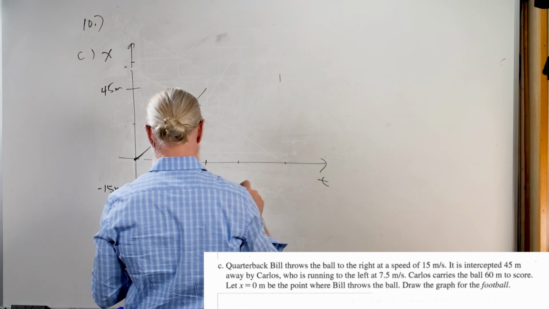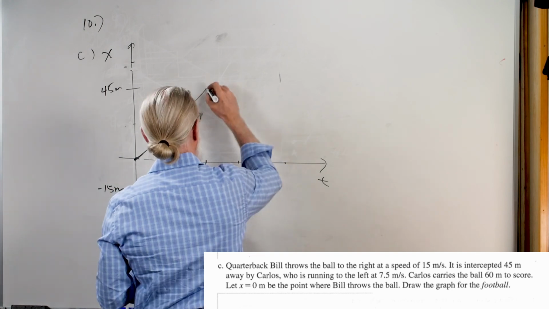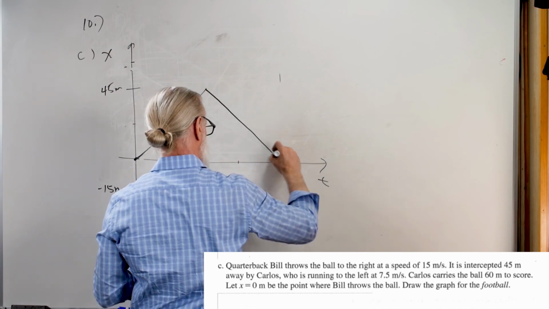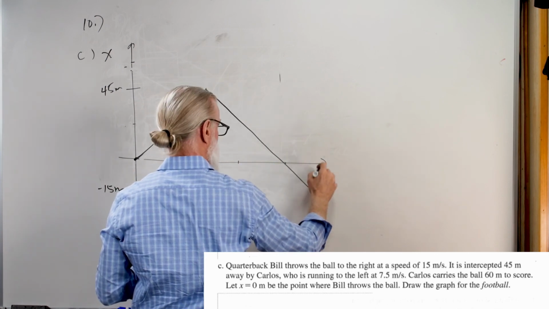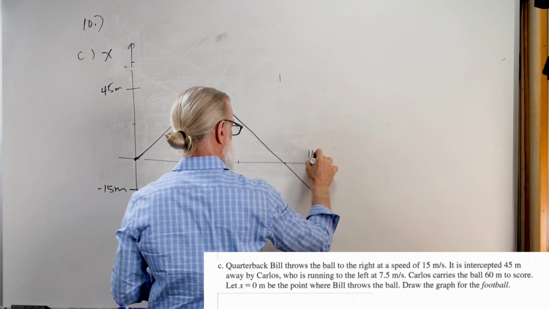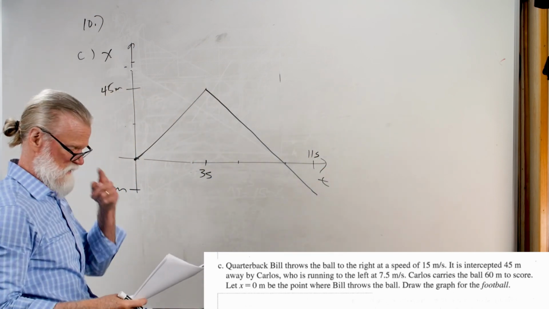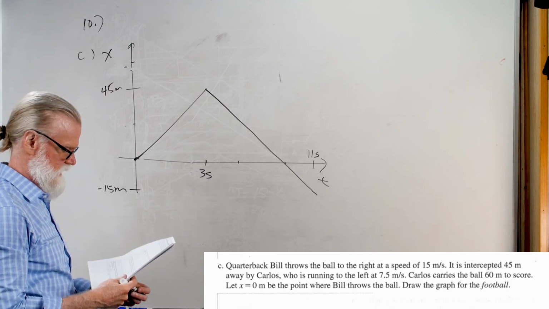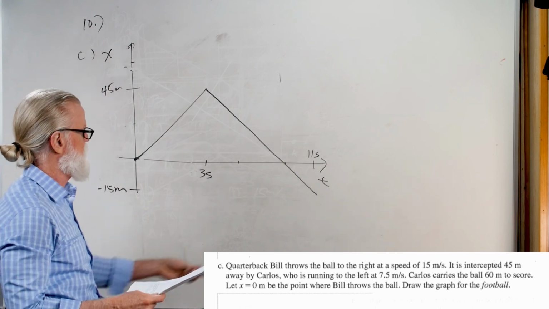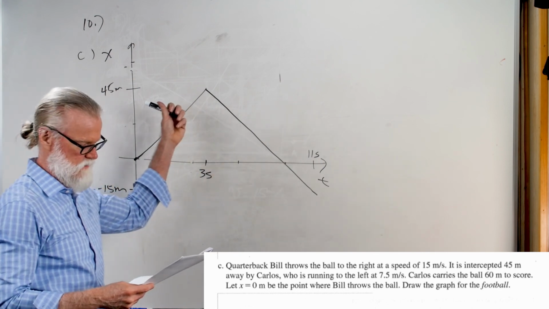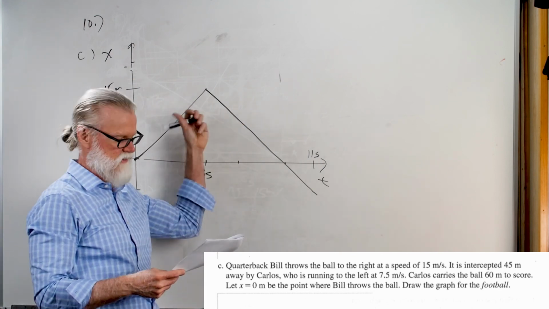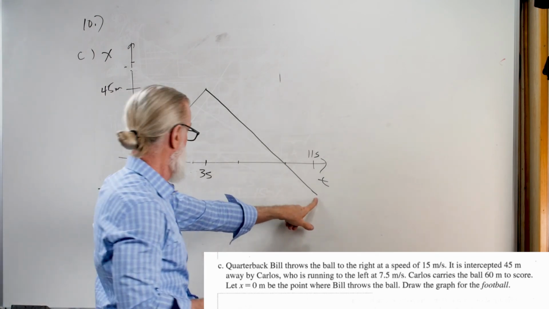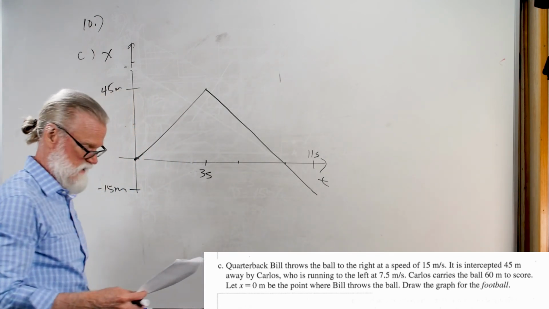And I think that would take something like 11 seconds, a little while longer because he can't run as fast. He is running at negative 7.5 meters per second. I want to double check that. At 11 seconds, he's at negative 15 meters.